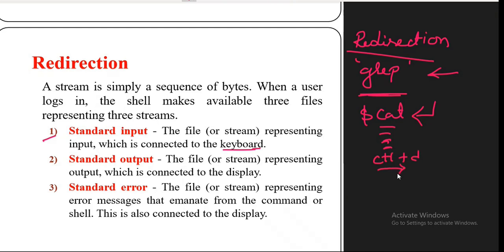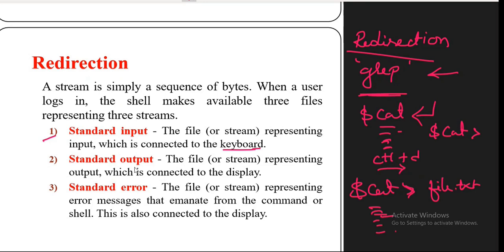Or we have the option of using the redirection operator: cat, redirection operator, file name .txt. Then it will ask for entering the content, since you're creating a new file. So there are different ways of getting input data, either directly from the keyboard, or also from the keyboard but using the redirection operator.